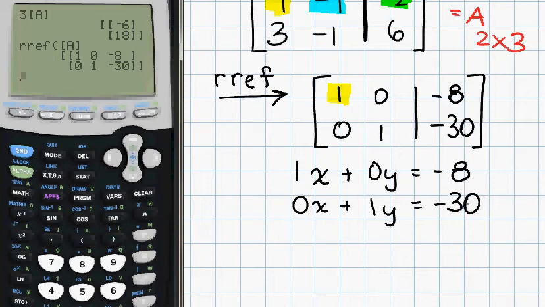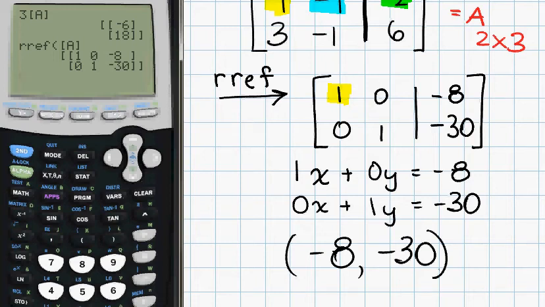So think about this. We are trying to solve a system. Do we know what x equals? Why, yes, we do. That first equation says that x is -8. Do we know what y equals? Of course. This second equation tells you that y is -30.